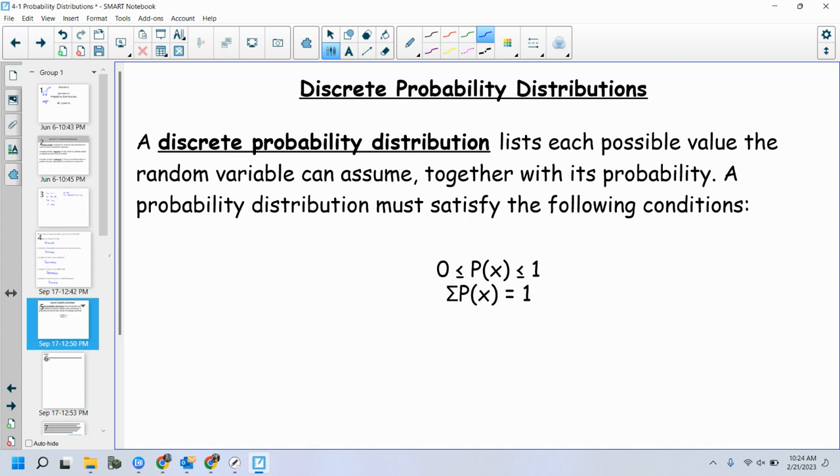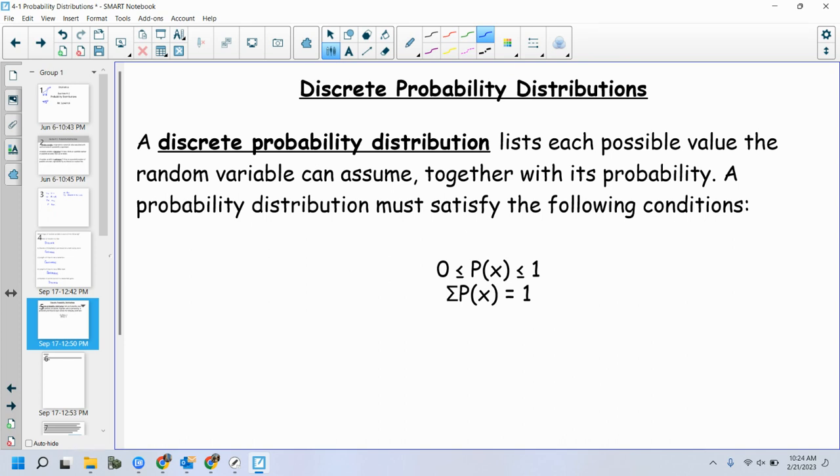Could I possibly list out all values with something that's continuous? No, that's not even possible. So there is no such thing as a continuous probability distribution, only a discrete one, because I can only list out discrete things. A probability distribution must satisfy those conditions.